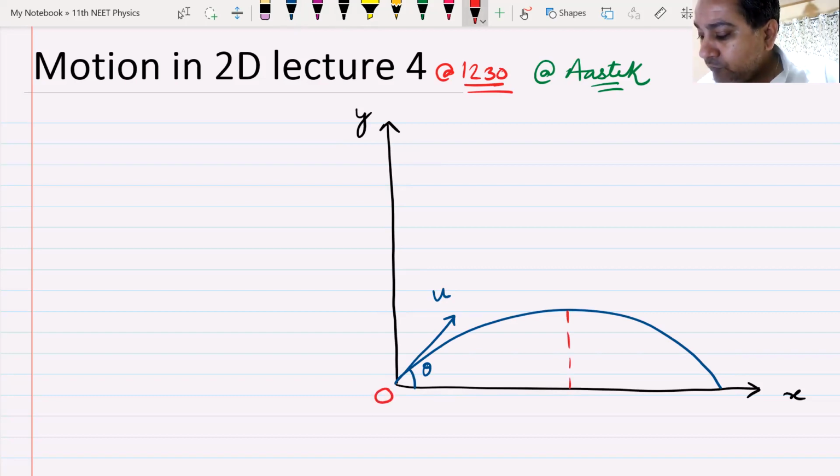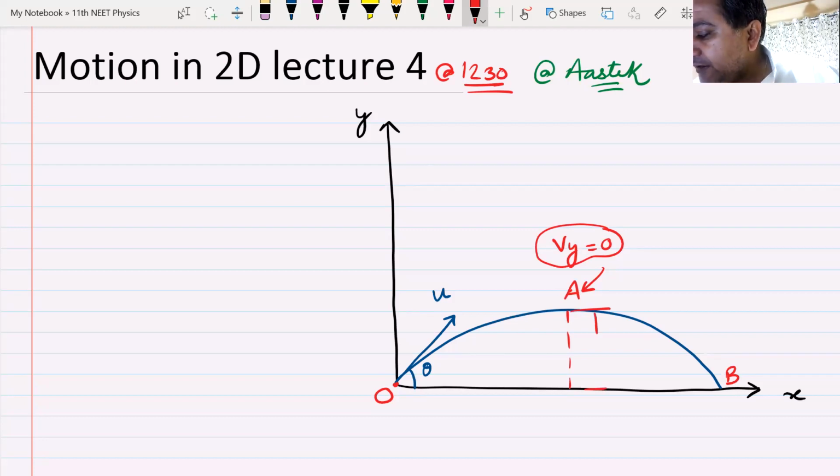There are three terms that we must understand here. O is the point of projection. We call it the origin. It's the point from which you have thrown this ball. A and B. A is the point where it reaches its maximum height. The vertical velocity at point A becomes 0.